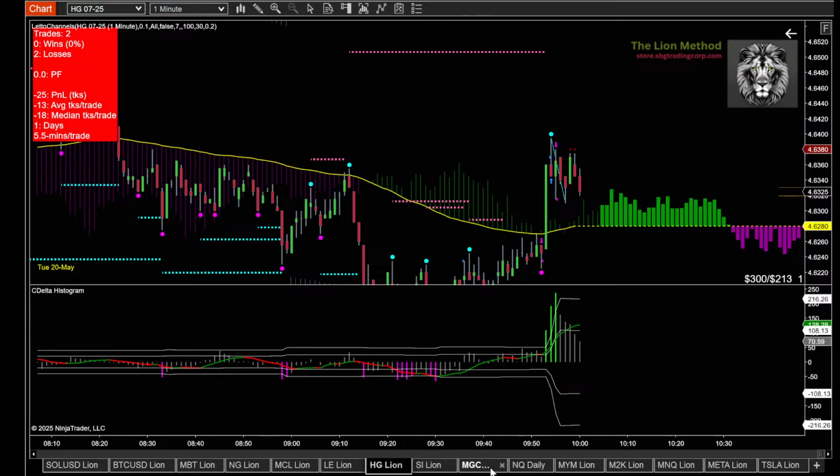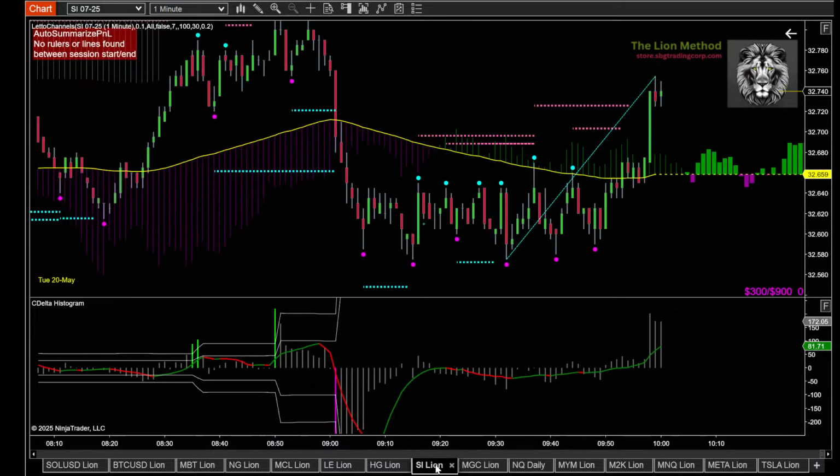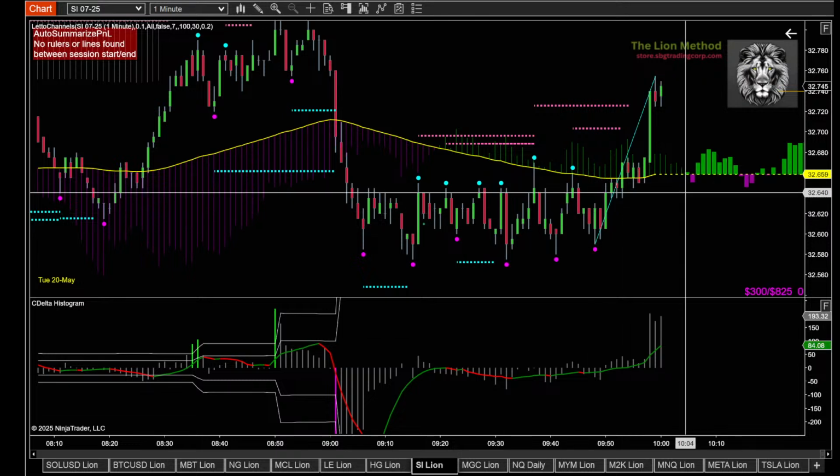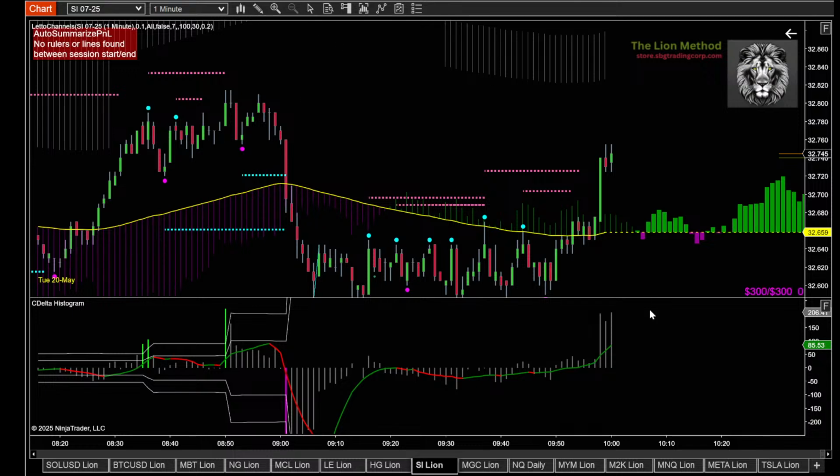Copper is going a little bit left and right. Gold is happily moving north here. Silver, I think it's going to push higher.